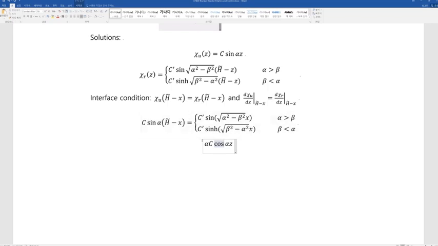And at the point when g equals h tilde minus x, so this is one condition.